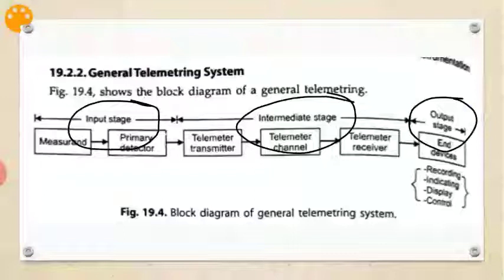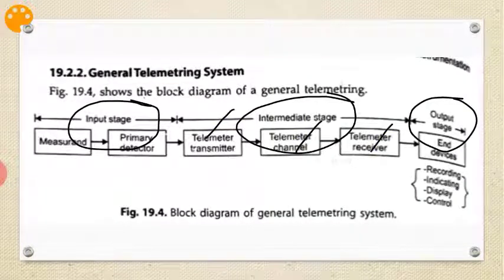The intermediate stage consists of three elements: the telemetry transmitter, the telemetry channel and the telemetry receiver. The telemetry transmitter converts the output of the primary detector into an electrical signal and transmits it to the transmitting channel.